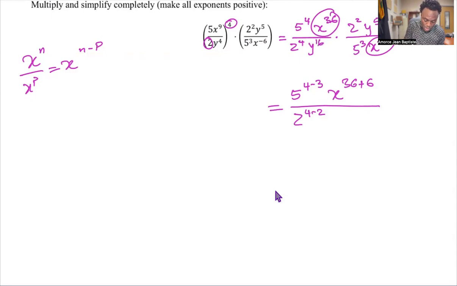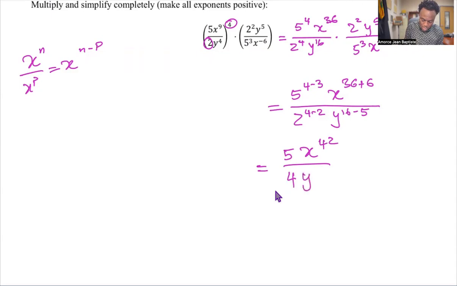So that becomes y to the 16 minus 5. Now we can simplify. So that's just 5 x to the 42 over 2 squared, which is 4, y to the 11.